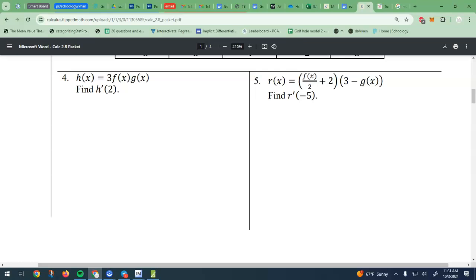I don't know if this is obvious or not, but that's your 1, that's your 2, that's your 2 things that are being multiplied.